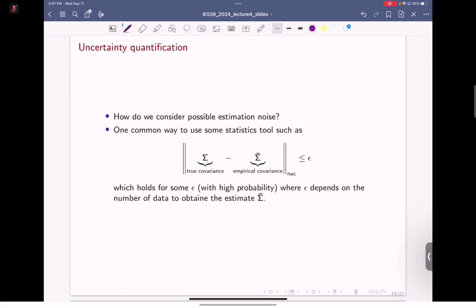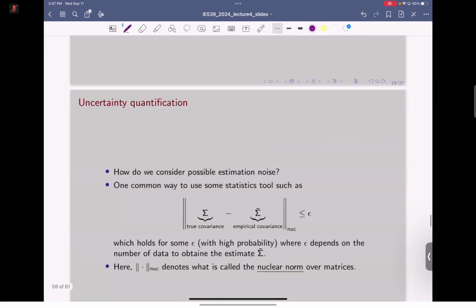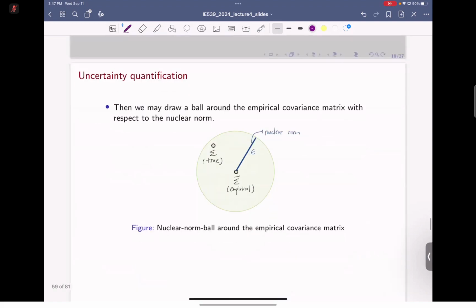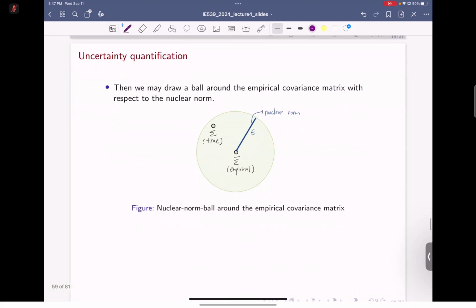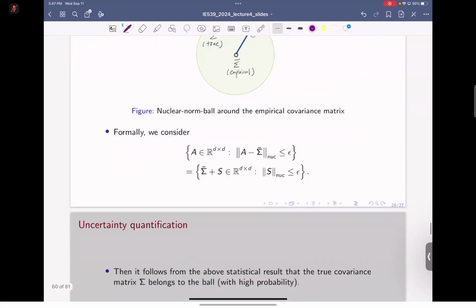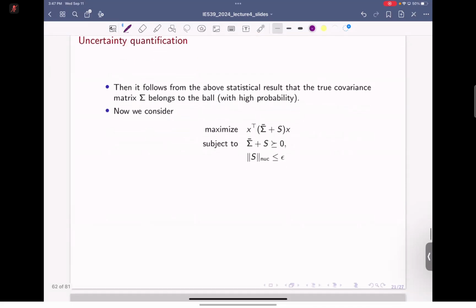Then my next question is, can I build a safe portfolio? I'm going to get back to this later. But instead of this single sigma bar, I consider possible perturbations around this sigma bar. I'm capturing the estimation noise by adding one more set of variable S here.